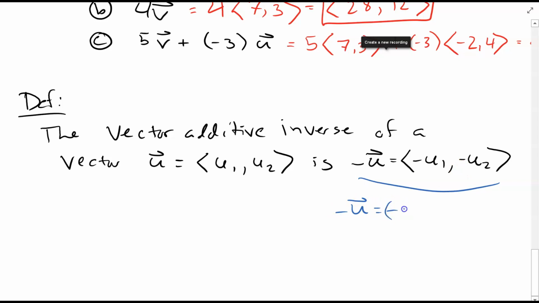Because this vector negative u is really defined as negative 1 times vector u, and that's where the scalar multiplication came into it. That's why we didn't define this before we defined the scalar multiplication. Is that okay?